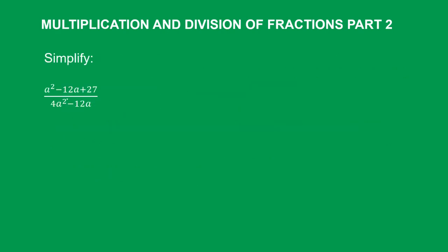We are required to simplify these algebraic expressions with fractions. So what do we have to do? If we look at the numerator, we can factorize this because it is a quadratic trinomial. If we look at the denominator, we can factorize using the highest common factor. Let's factorize the quadratic trinomial.